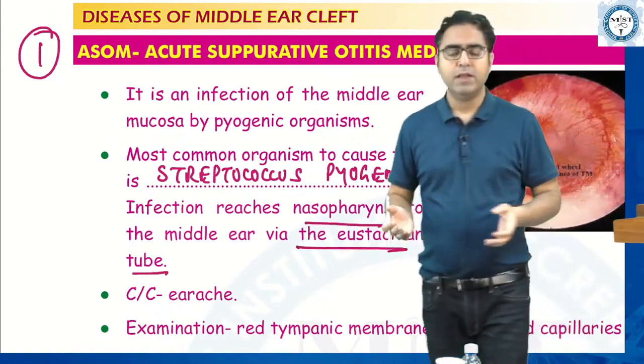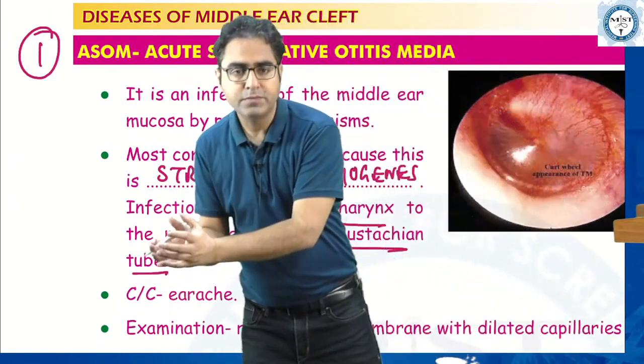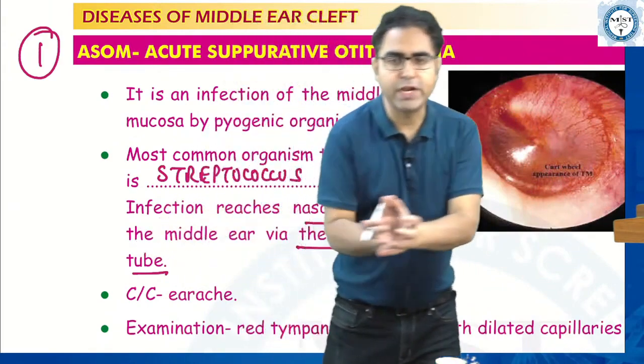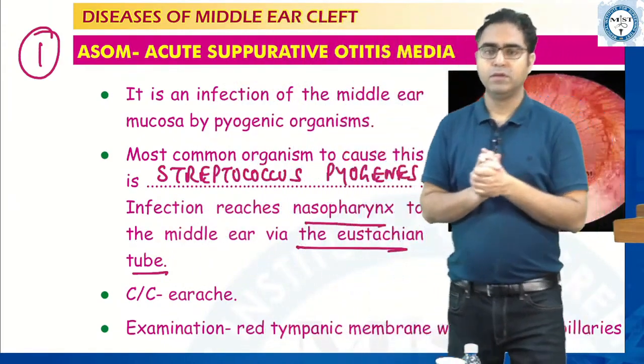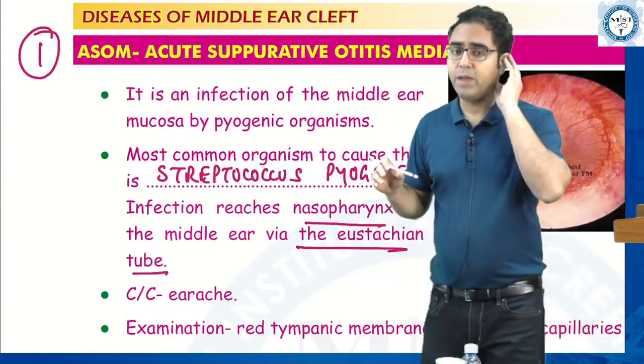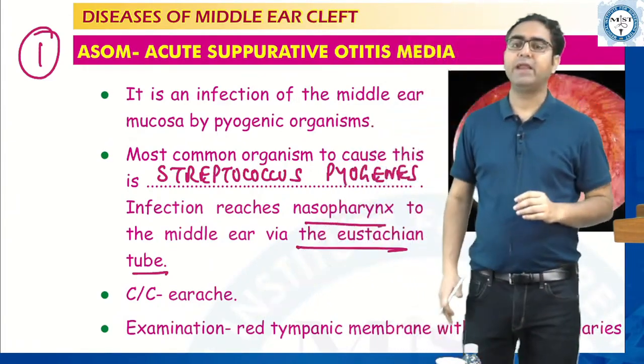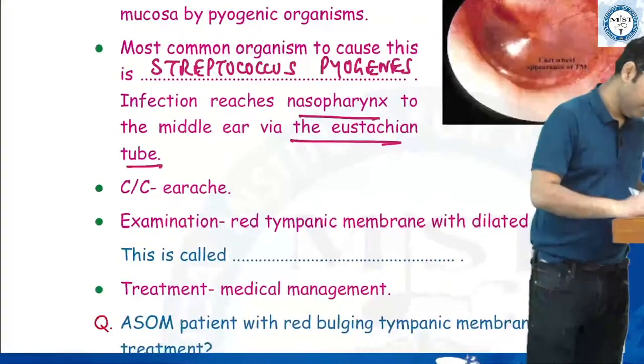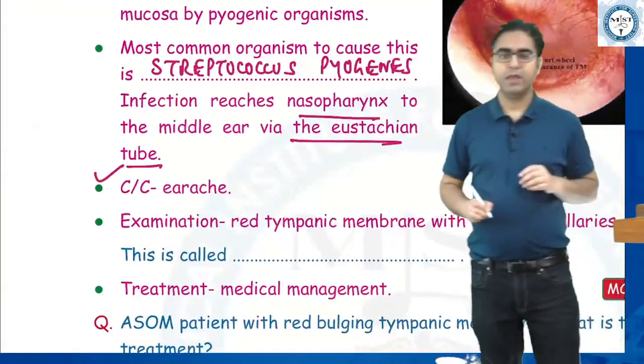Very simple concept: the problem will always start from the nasopharynx. The bacteria will travel via the Eustachian tube and reach the middle ear. So the problem starts from the common cold. Generally, people have got a cold, and then the problem happens in the ear. What is the chief complaint? Earache.